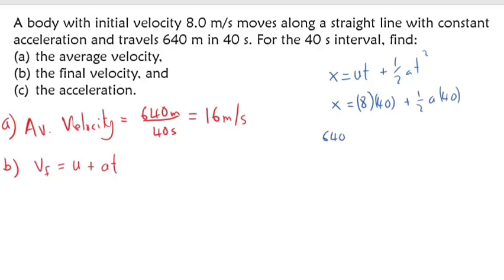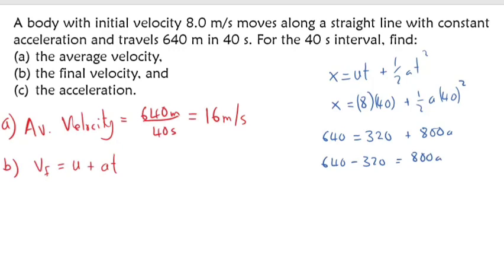Then 8 times 40 should give us 320. Plus 40 squared is 1,600. Then we divide it by 2, which should give us 800. So this will give us 800a. So 640 minus 320 is equal to 800a.